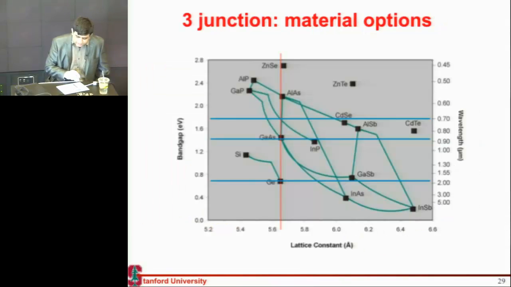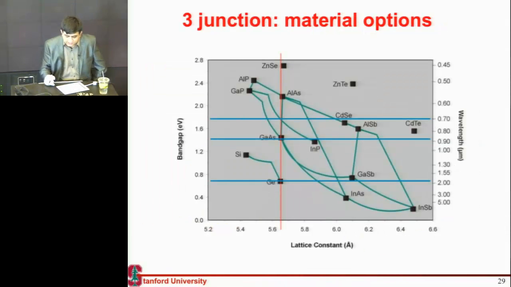So this was fine, we did this theoretical exercise, but now comes the material scientist and he says, okay, you have given me the 3 band gaps, how the heck am I supposed to find these 3 band gaps and grow them on top of each other?